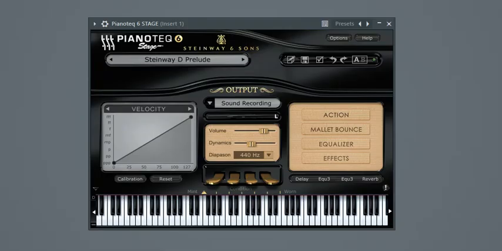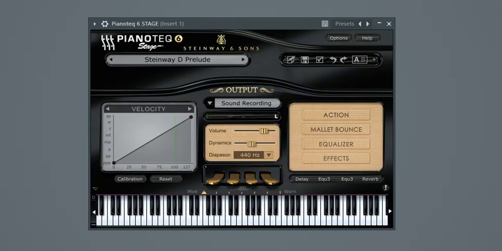Now let us look at what happens when we play one note from one octave to another octave. We are going to make use of the C4 and the C5.